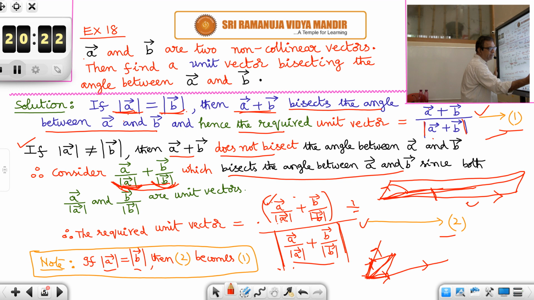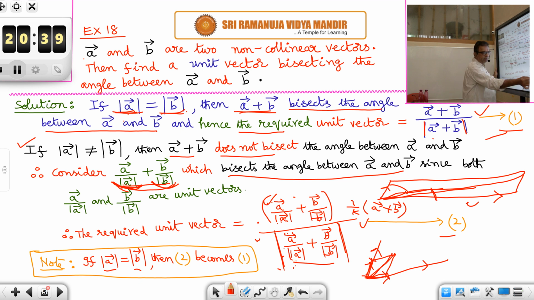In the bracket you get A bar plus B bar in the numerator. Denominator: A bar by k plus B bar by k. Again 1 by k is common. That 1 by k comes out of the modulus also because k is a positive number, because the modulus of a vector is a positive quantity.